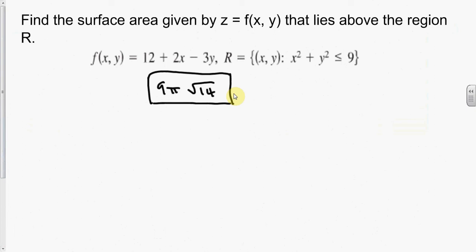No? Uh-oh. Did you get the square root of 14 for that radical? Donnie, you got it? Okay, you got that one. Okay, good.